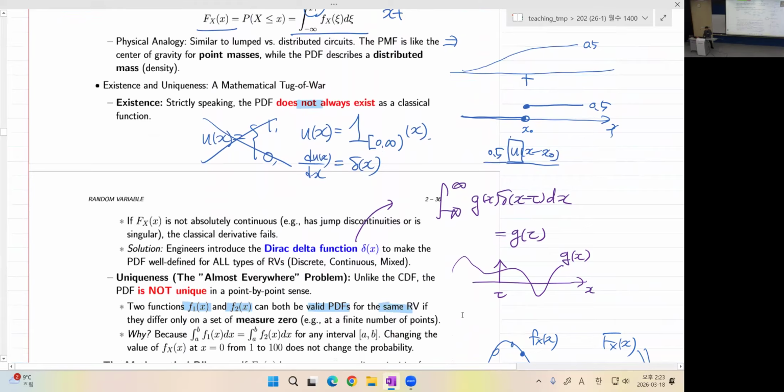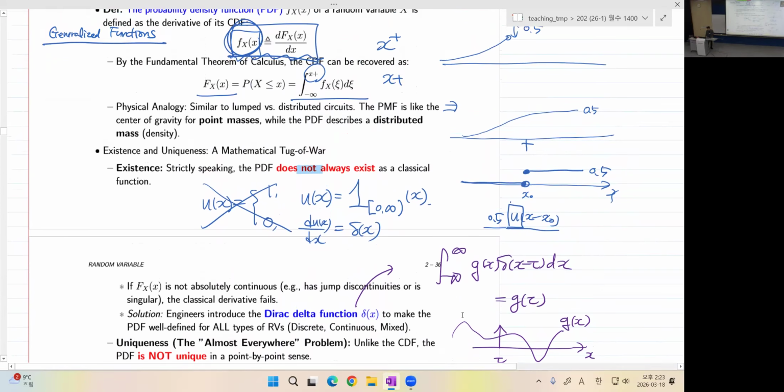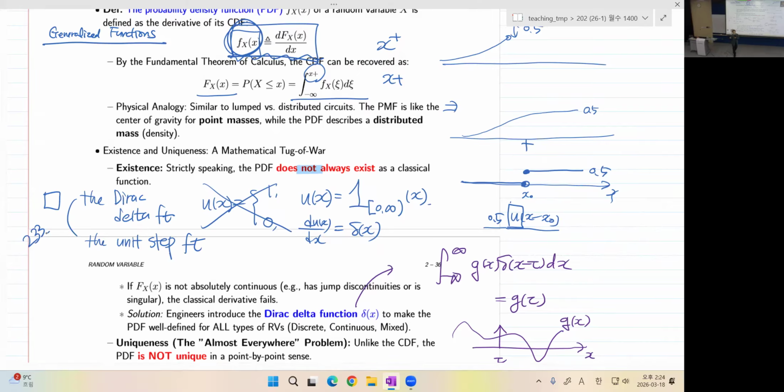So, as an engineer, you may freely use the Dirac delta function, and its integral, the unit step function. They both appear in your signals and systems and in your control theory. Got it? So if you integrate the Dirac delta function, you have the unit step function.